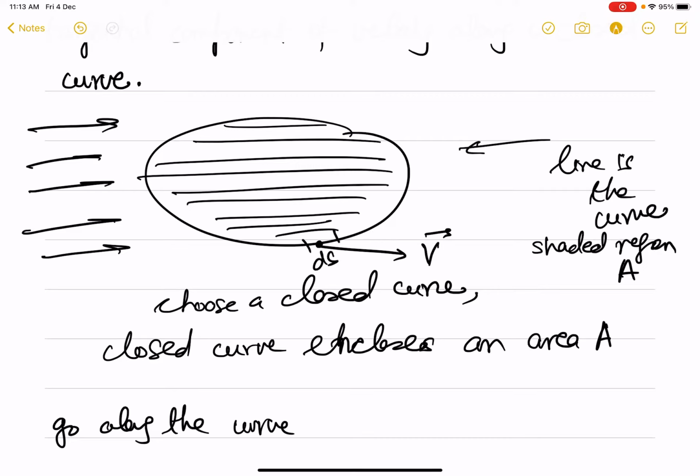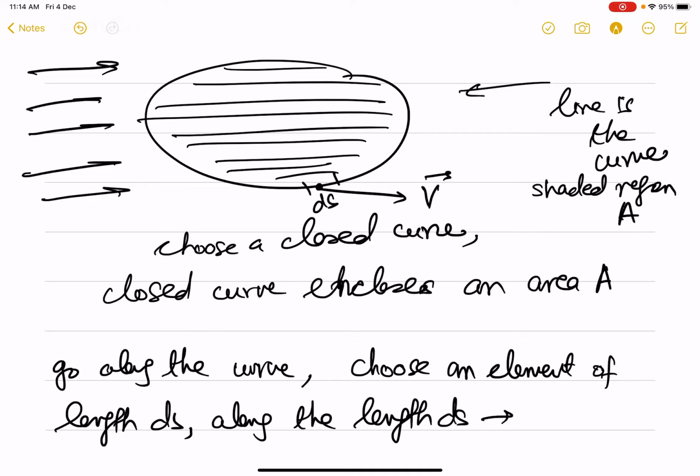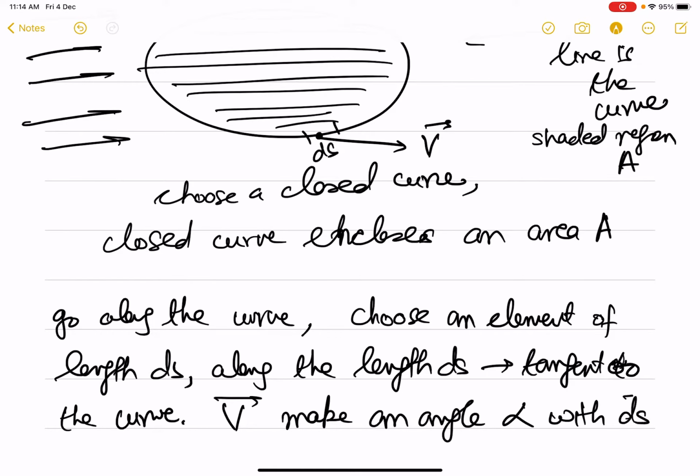We choose an element of length ds, which gives us the direction of the tangent to the curve, and let the velocity make an angle alpha with ds.